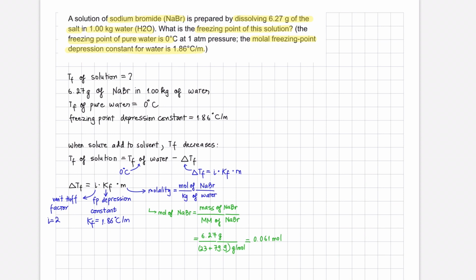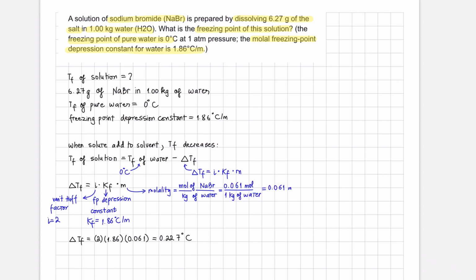Substituting numbers in, that's 6.27 grams divided by 23 plus 79.9, the molar masses of Na and Br individually, which combined give us the molar mass of NaBr, and we get a value of 0.061 moles. To calculate molality, that's 0.061 moles divided by 1 kilogram of water, which gives us 0.061 molar.